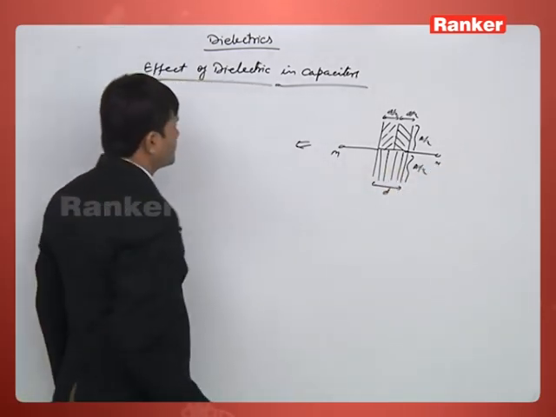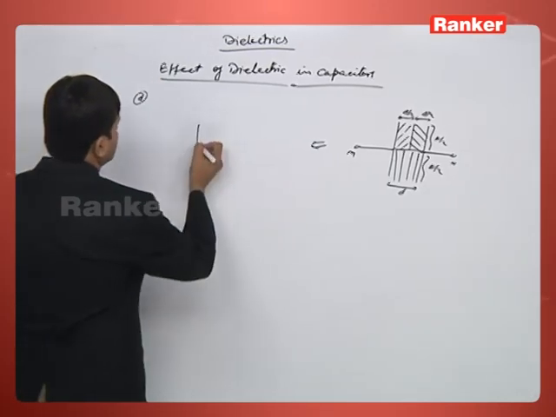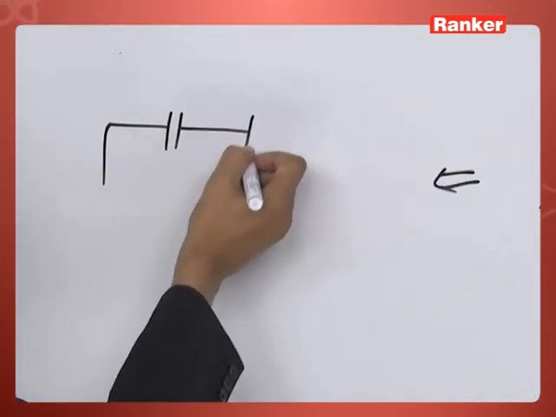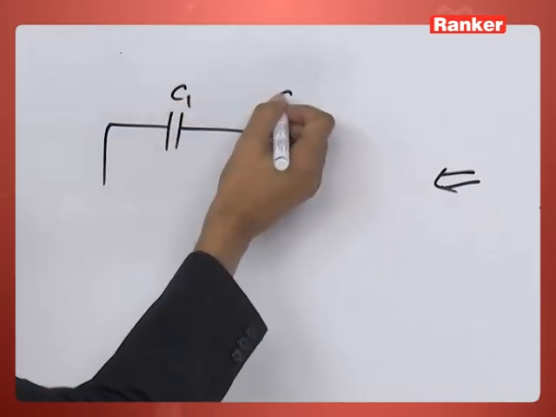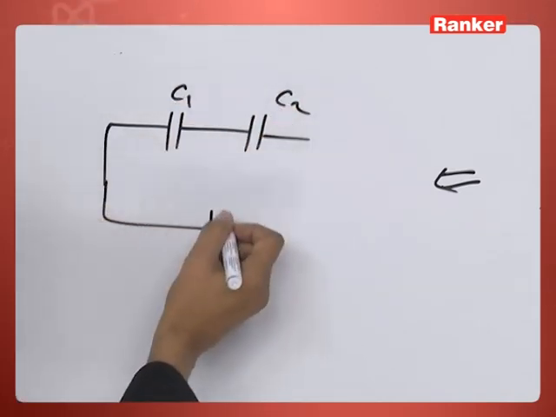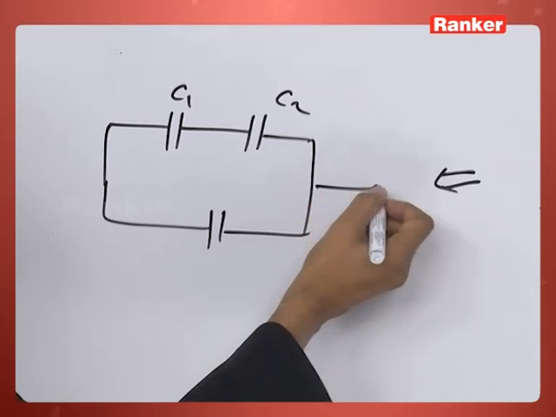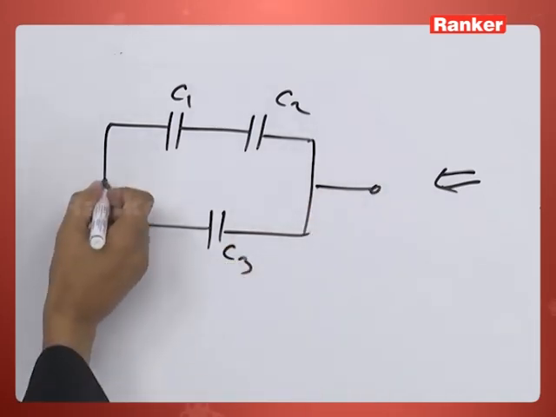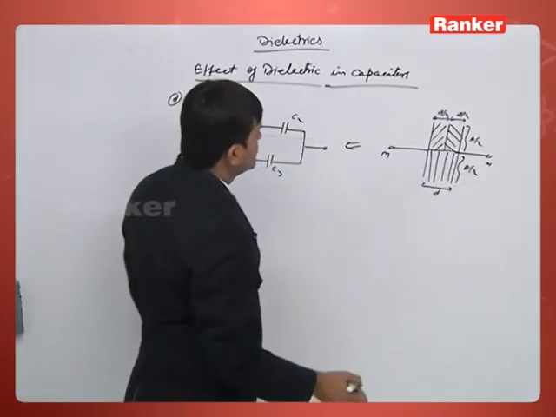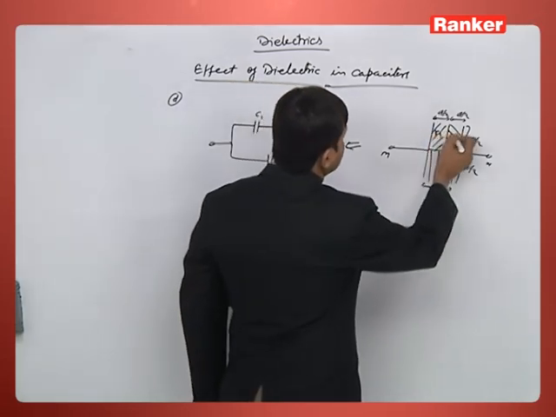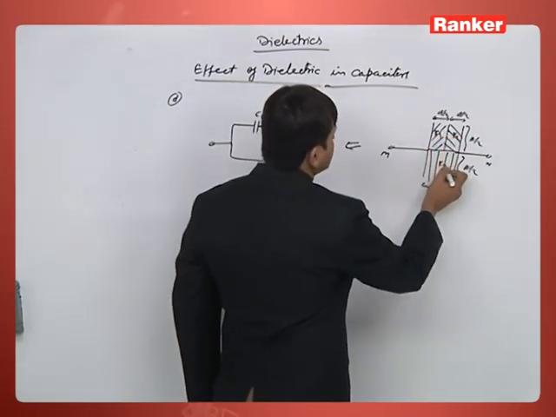M and N. So C1, C2, and the lower one, let it be C3, because of their respective values K1, K2 and K3.